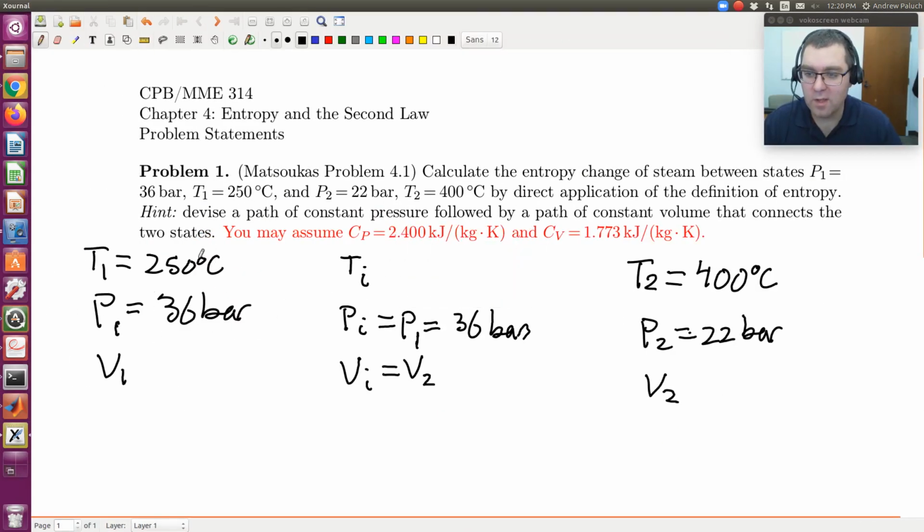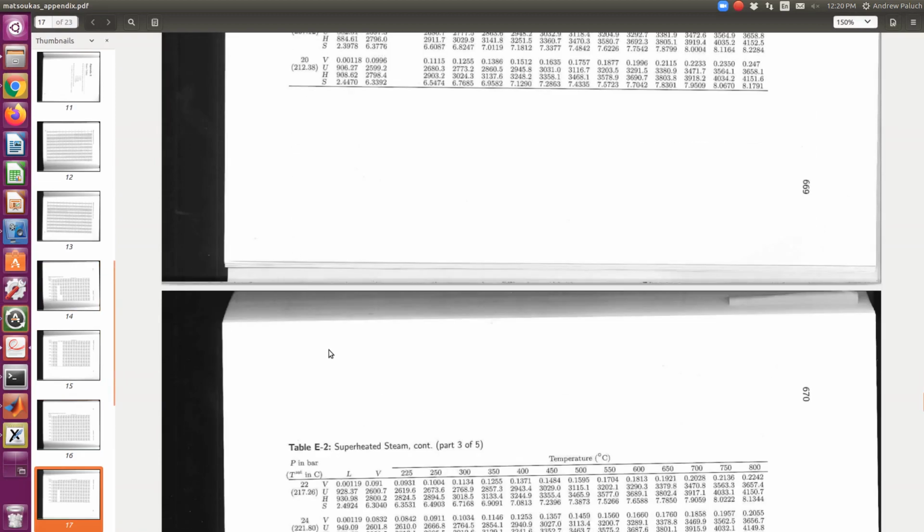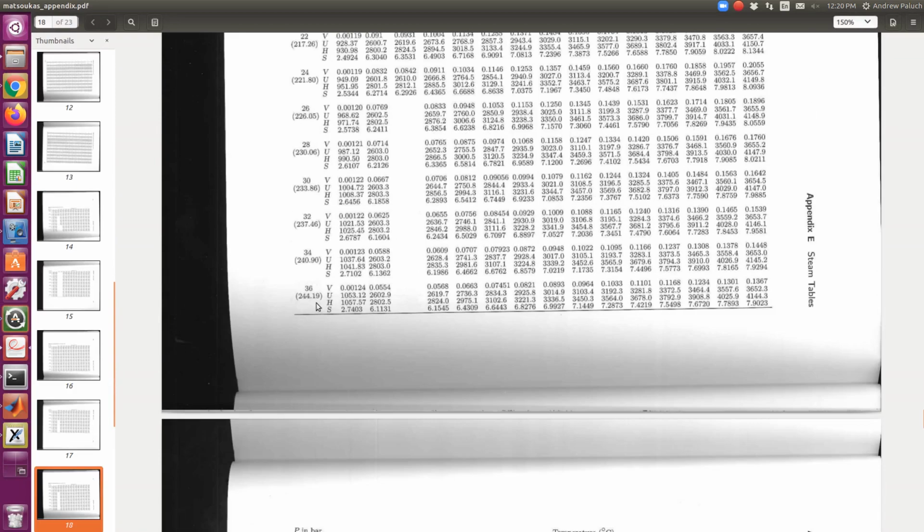Our initial state's at 250 degrees C and a pressure of 36 bars. Is 36 bars on here? Just so happens 36 bar is on here.